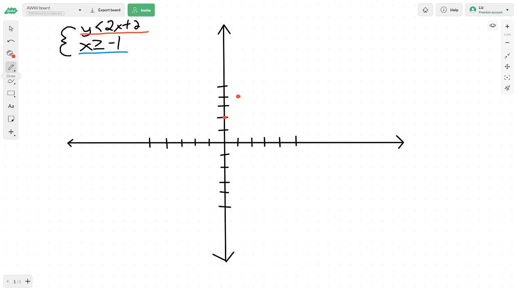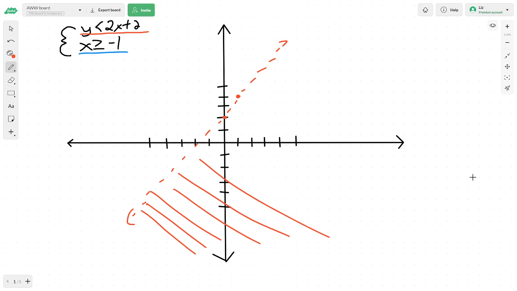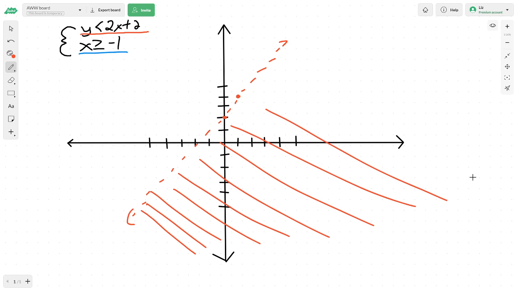Now we are going to need a dashed line because it is less than and not less than or equal to. So let's make this as straight as I can, which isn't looking too good. Something like that. And then we're looking at less than. So all of the y values that are less than this is what we want to include.